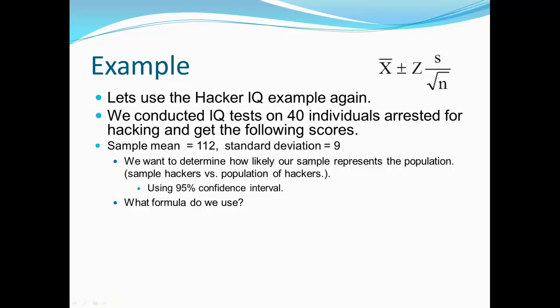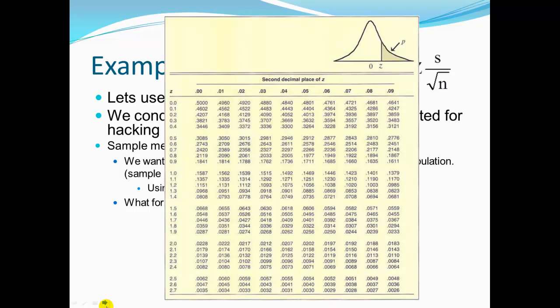Alright, so we know we want to use this formula. So let's get our z value here, which we know we're setting a 95% confidence interval. So to get the flip side, that means we want 0.05, which would represent an alpha level for a 95% confidence interval. And with most confidence intervals, you're going to be doing two-tail because you want that confidence interval to be stretched out in both directions of your normal curve.